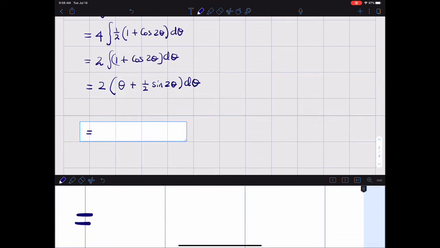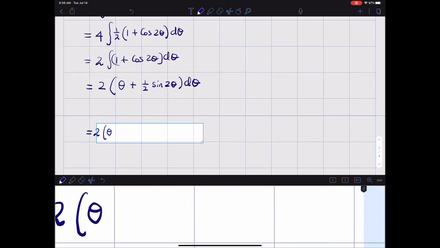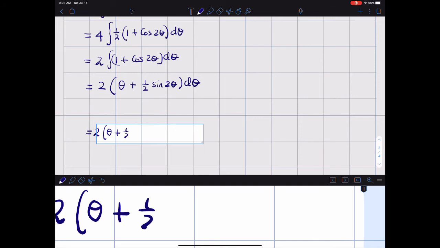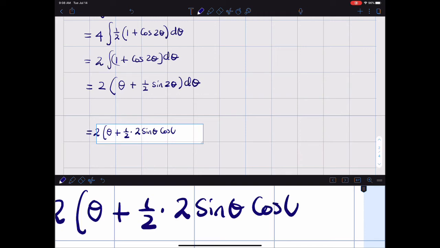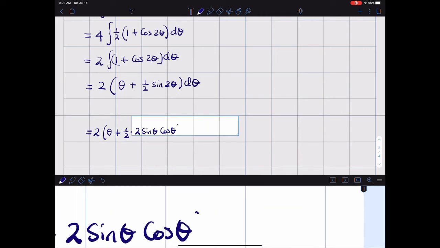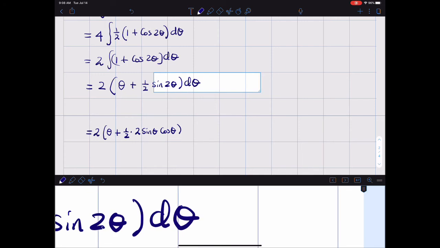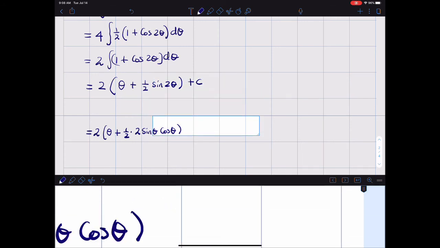If you think back to pre-calc, you'll realize that sine of 2 theta can be written as 2 sine theta cosine theta. And this should be plus c. Sorry about that. Plus c.